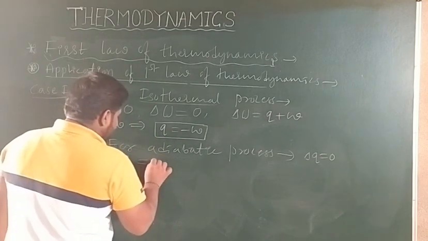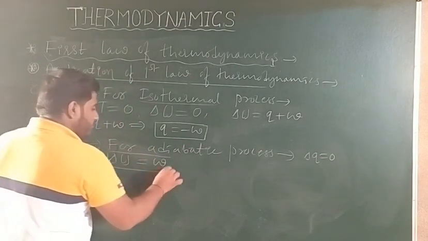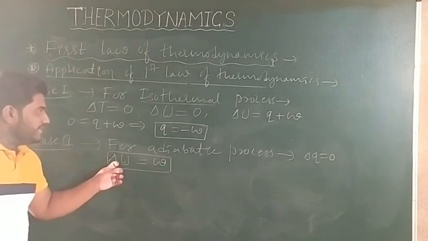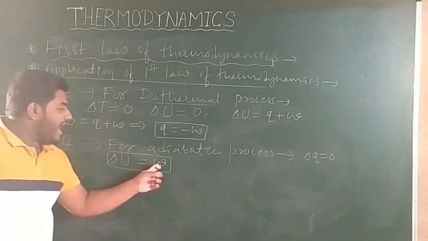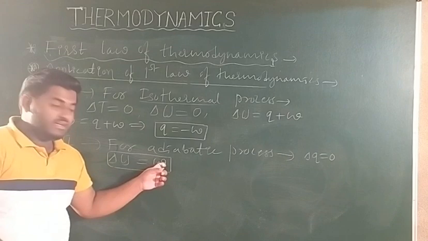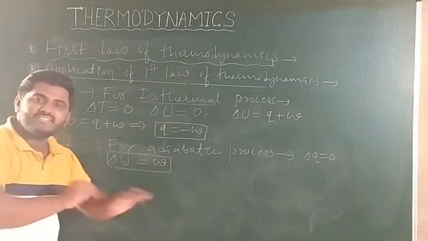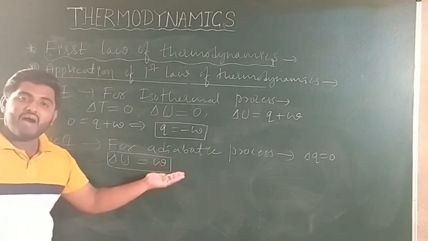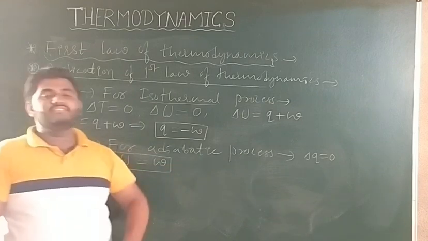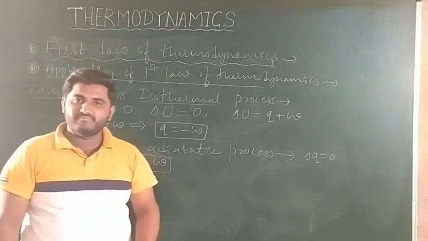What are you getting? Del U is equal to W. So here, change in internal energy is equal to the amount of work done on the system, with a positive sign. This is the meaning of this.